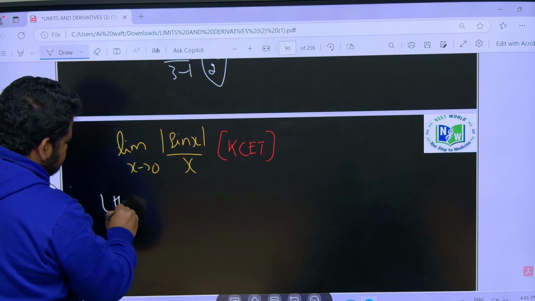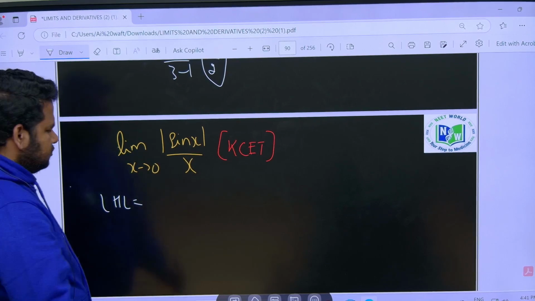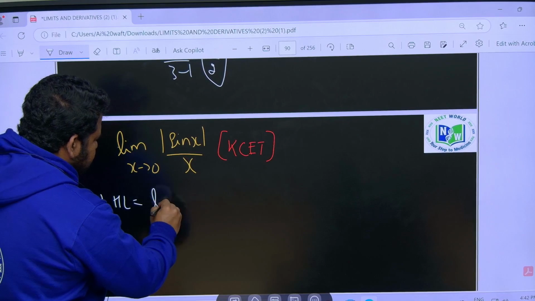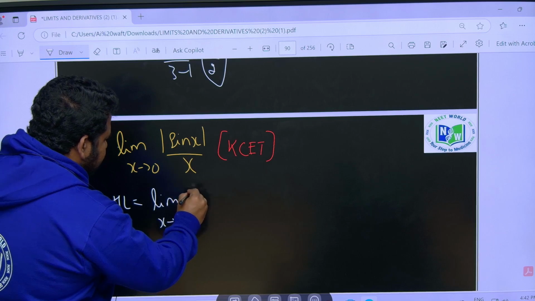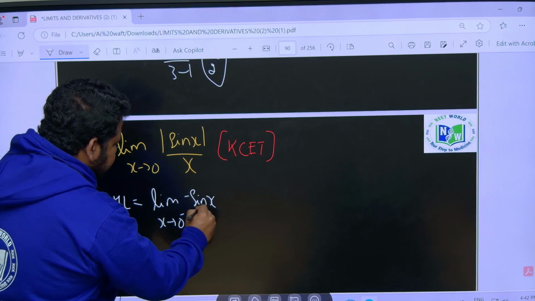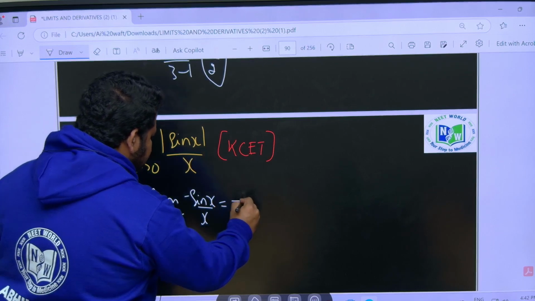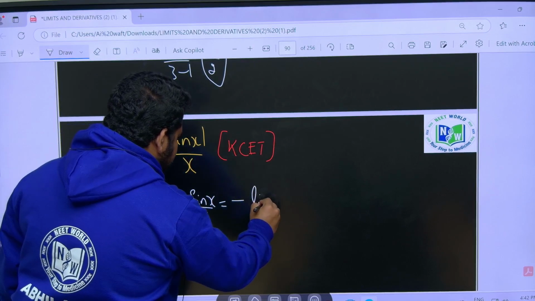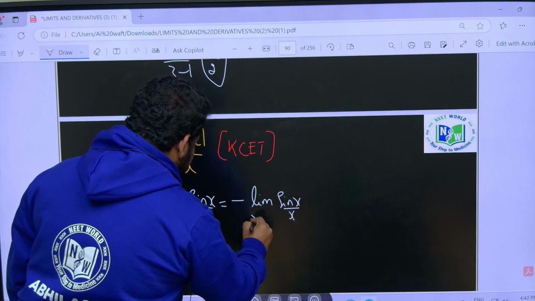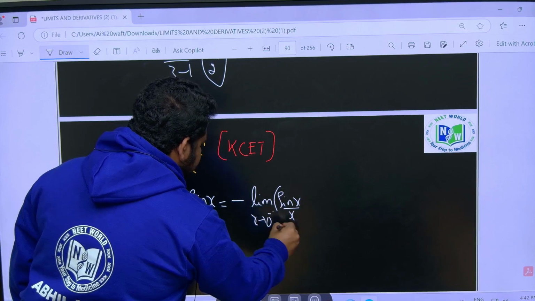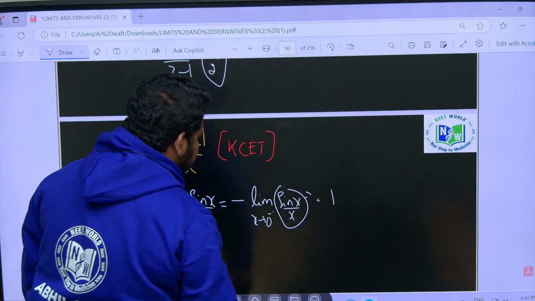So this will be limit as x tends to 0 minus of minus sin x by x. I will take minus outside. So limit sin x by x as x tends to 0 minus, this value is equal to 1. So that is minus 1.